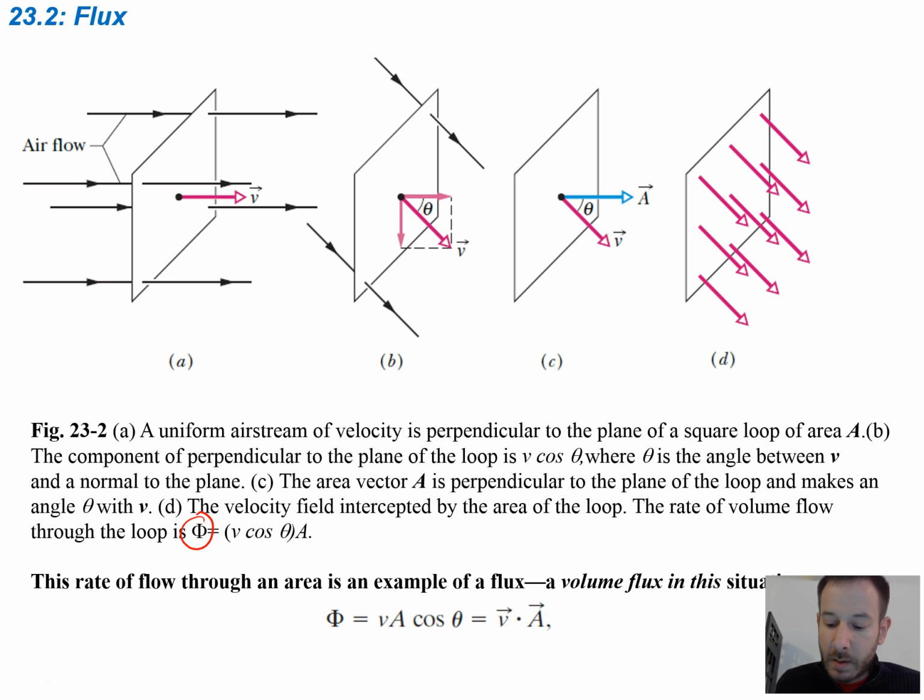In this case, it's a volume flux because we have something flowing through an enclosed area. It's given by this equation: phi equals our velocity times the area of the loop times the cosine of theta, and that's given by this vector equation here. So it's just v dotted with A.